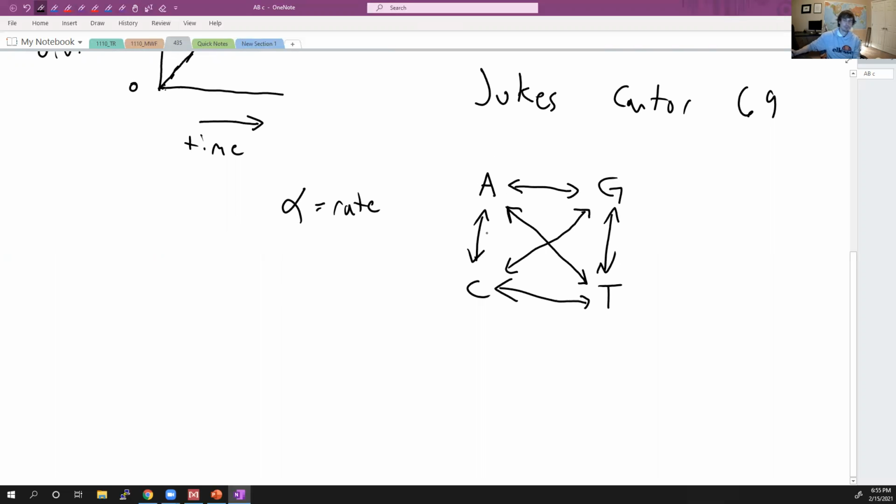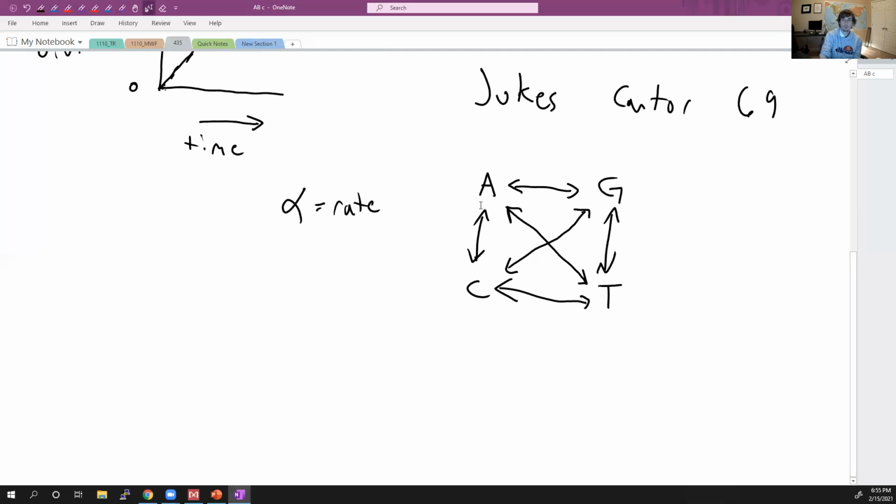But the Jukes Cantor also takes into account an A changing into a C, and then at point number 2, C will change back to an A. So what may be reflected as an actual distance may be an underrepresented distance and may be underestimated.